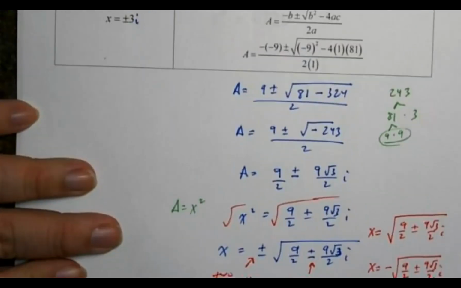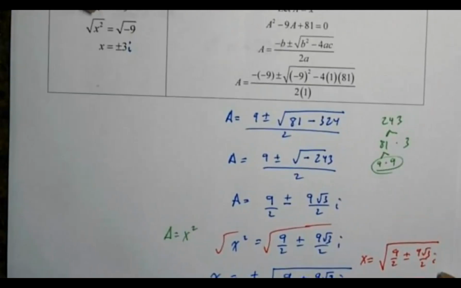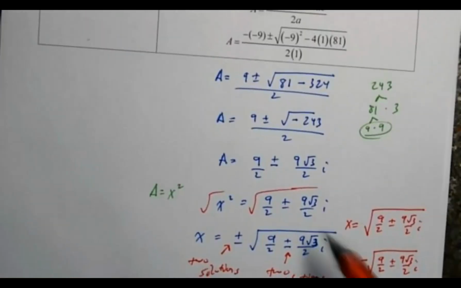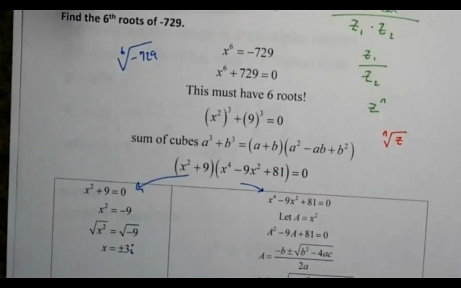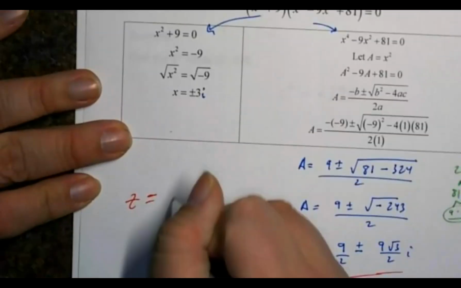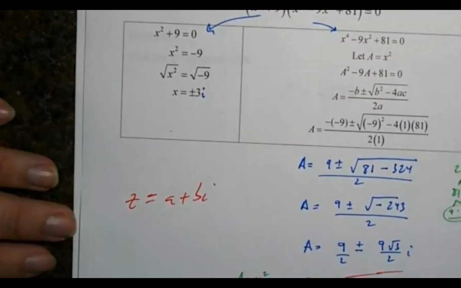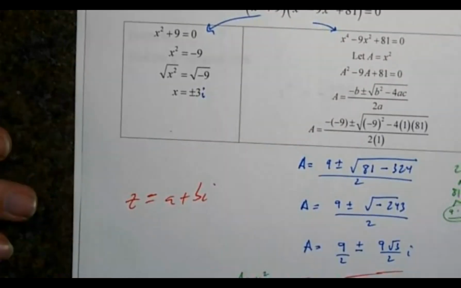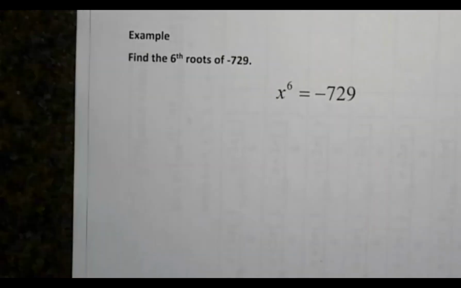Okay. So you can see there's a lot of work here to find the 6th root of negative 729, and that's a real number. If we have a complex number of the form a plus bi, then it's much more complicated. So there's got to be an easier way to get this done.